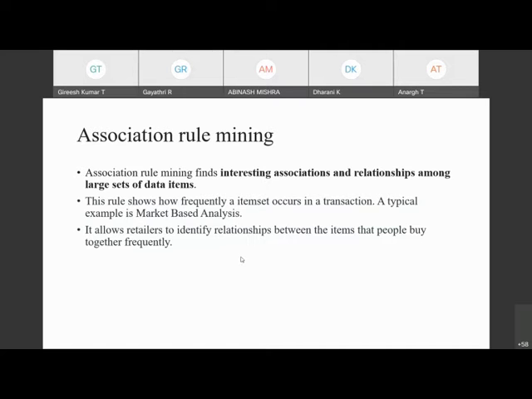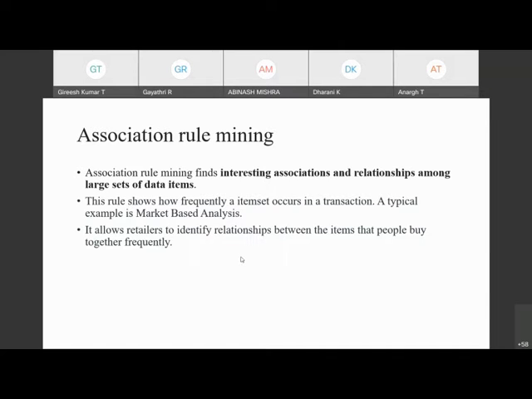The reason is that the number of rules we generate in association rule mining is purely based on the number of attributes. So if you reduce the number of attributes or the combinations of attributes, the number of rules will reduce and you can easily retrieve the information. That is the importance of association rule mining.